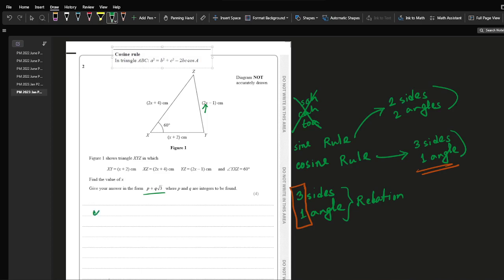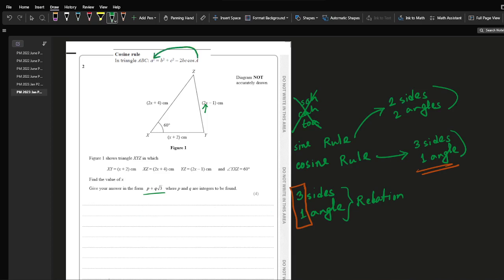So cos 60 degrees, the angle, is equal to, oh sorry, the opposite side of the angle given.